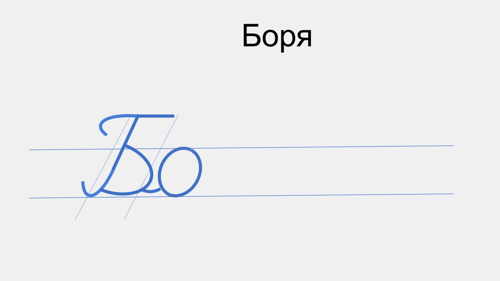So I picked the name Borya. It's a diminutive form of the name Boris, Borya. We start with B, then we put a connector. We connect O, and following letters, O, connector again. Then we write R. I introduced R in lesson 4, so if you want, you can rewatch my lesson 4.